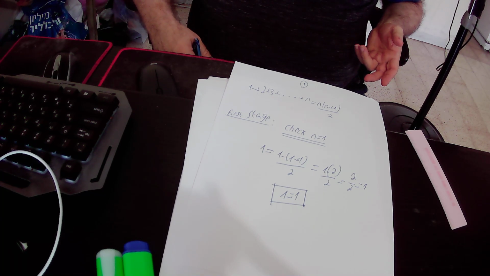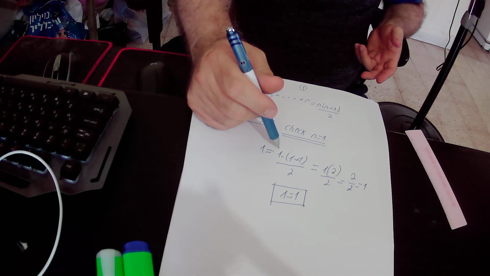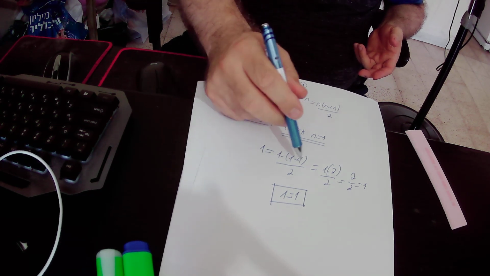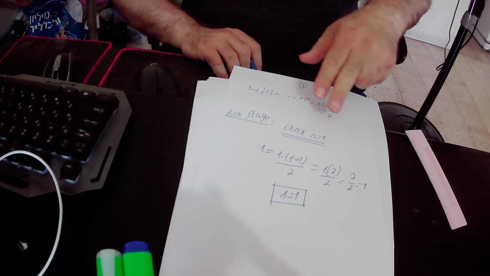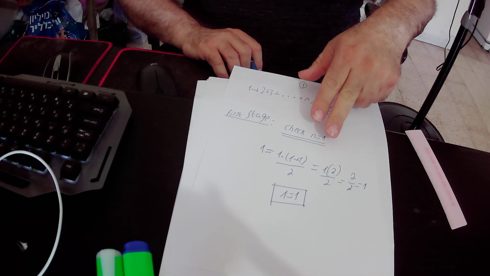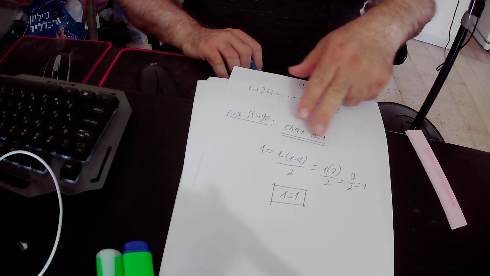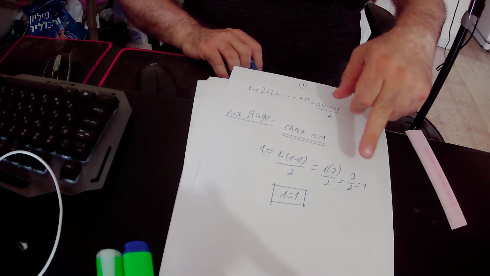So we can put here 1 instead of n. 1 times 1 plus 1 is 1 times 2 divided by 2, and 2 divided by 2 is 1.